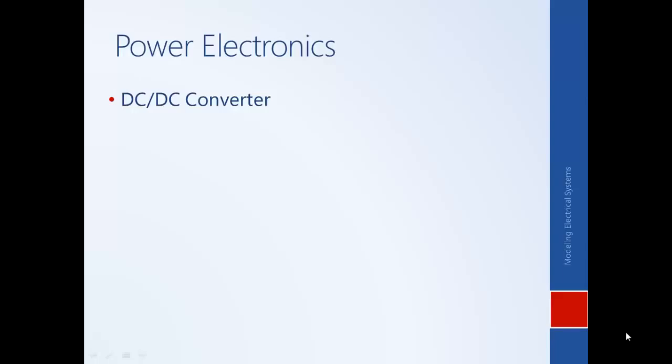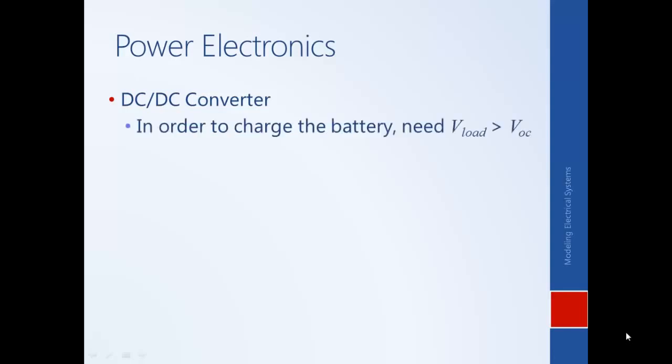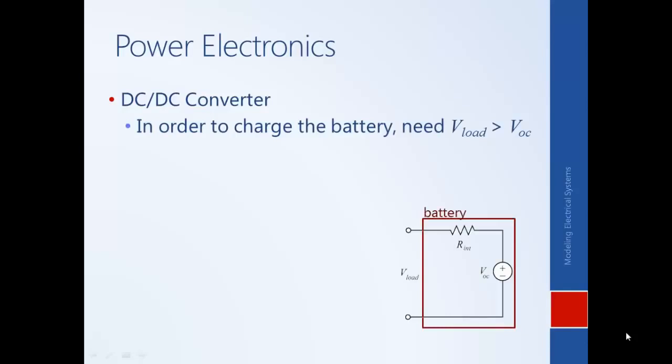One such example for where this is necessary is in charging a battery. In general, in order to charge a battery, the voltage being applied to the battery needs to be larger than the open circuit voltage of the battery.